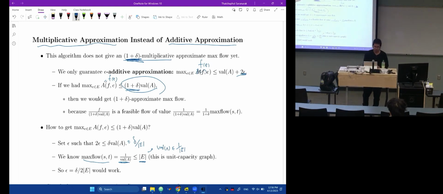You get this 1 plus delta approximation multiplicatively.